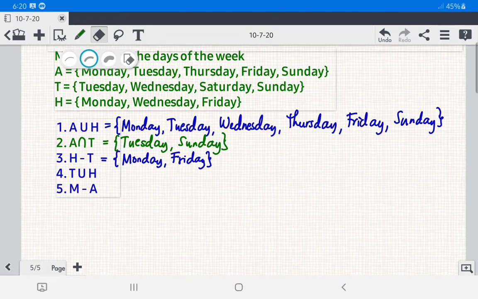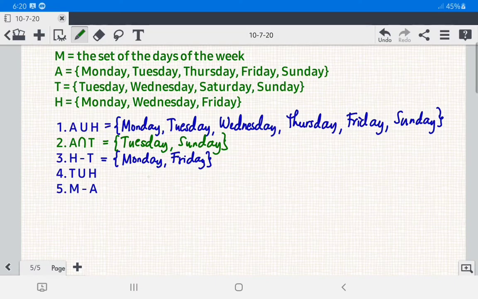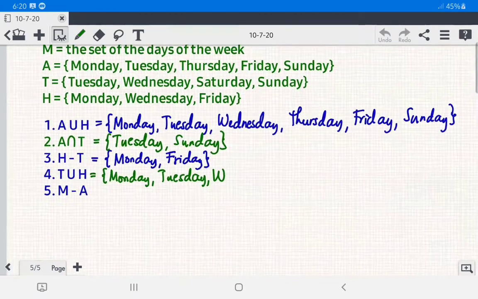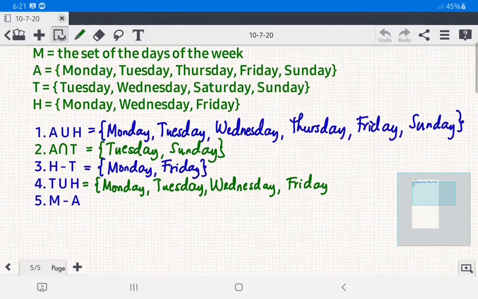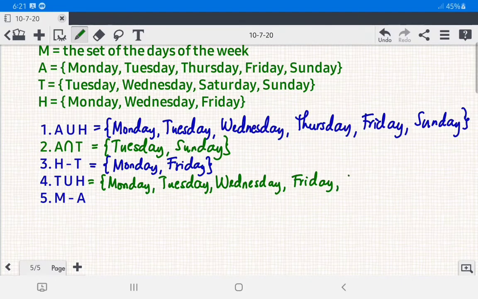Number 4, we have T union H. Again, we're going to write all the elements in T and H. So we have here Monday, Tuesday, Wednesday, Friday, Saturday, and then Sunday.